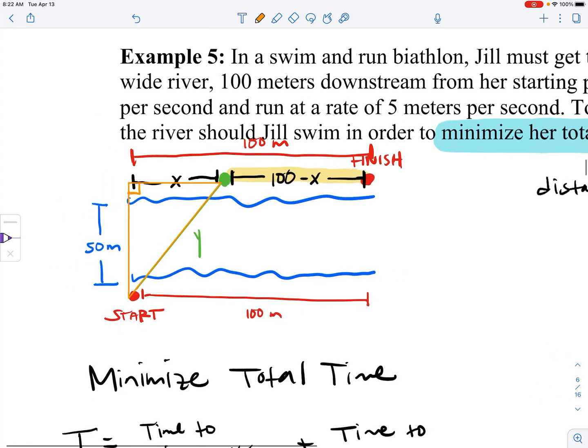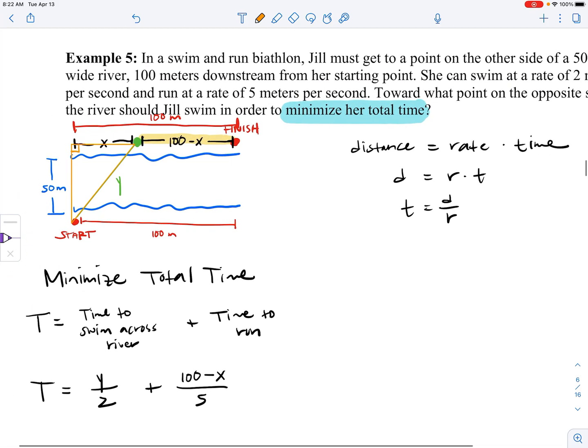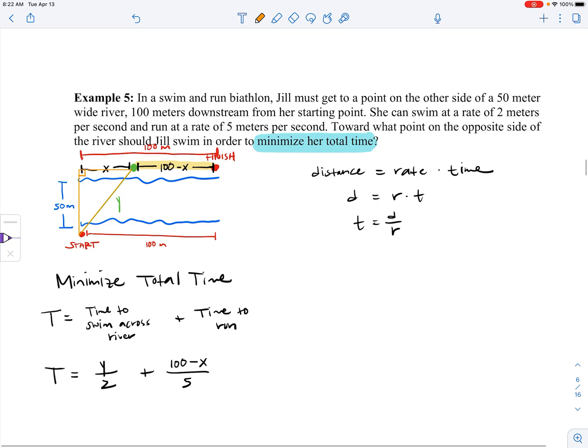So using the Pythagorean theorem, we can come up with our secondary equation, right? That x squared plus 50 squared would be equal to y squared. And it's probably going to be easiest for us to solve for y, especially since in our time equation, we could just replace that y.